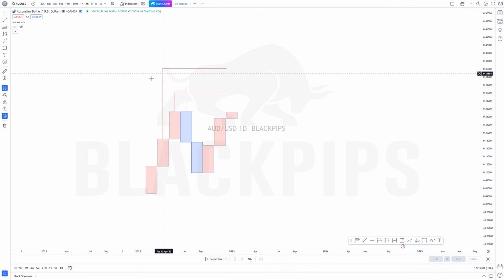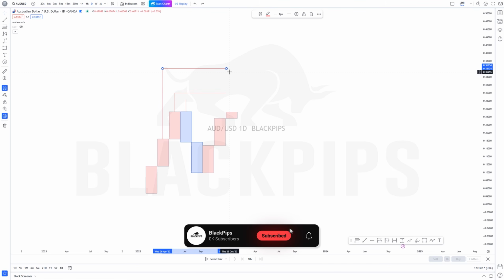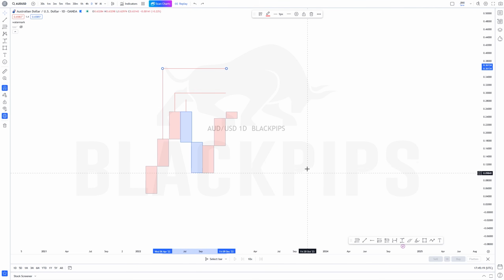They are waiting for the market to close above this wick and not this one, so that they can say, now this is our break of market structure. Let me tell you one thing, this is so wrong.